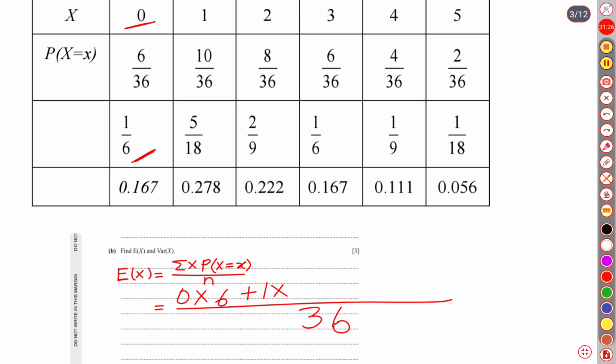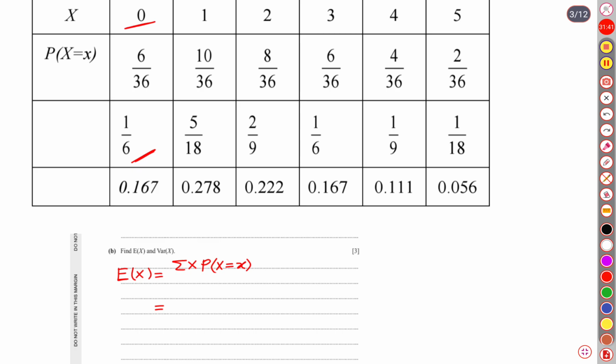Sorry, in the formula I made a mistake. It should not be divided by n, because we are already multiplying by the probability. So it is simply the multiplication of each X value with its probability.